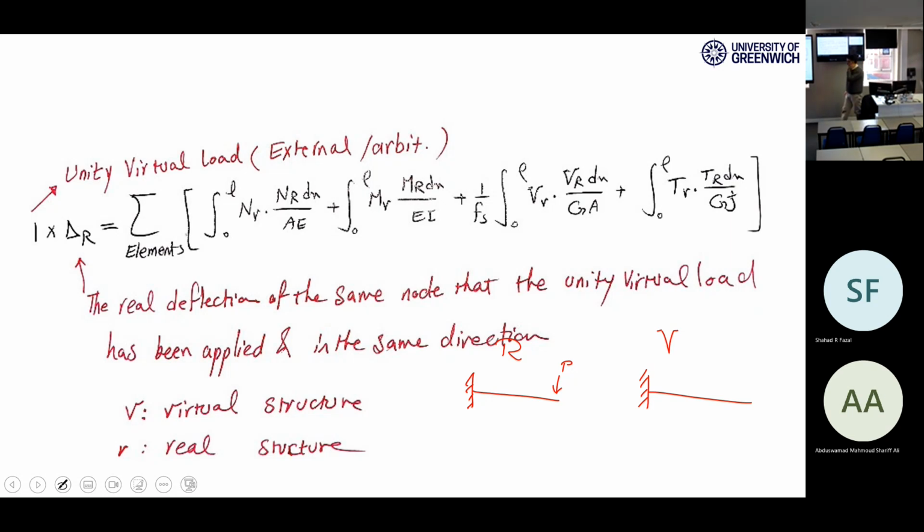It is really very similar to the formulation of Castigliano. Just to recall, in Castigliano it was like this, M squared dx over EI, wasn't it? We worked with this formulation for 3 weeks, I think.